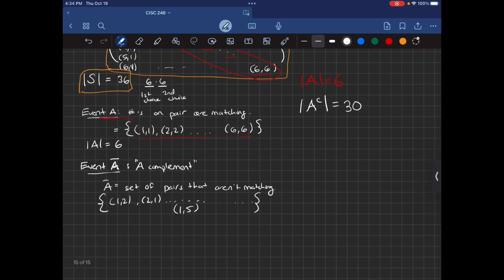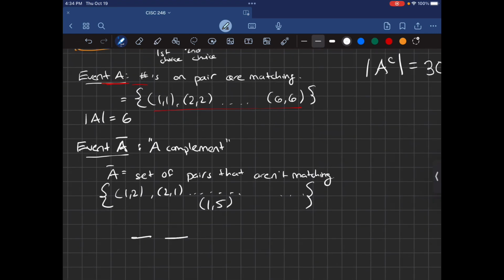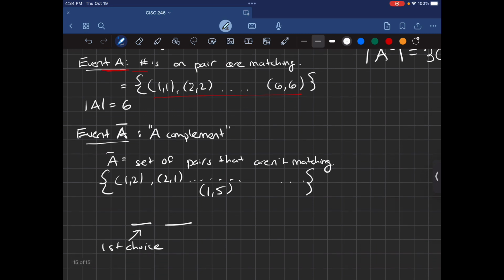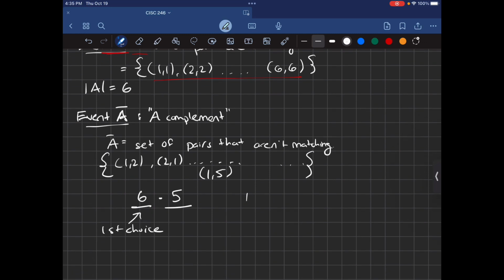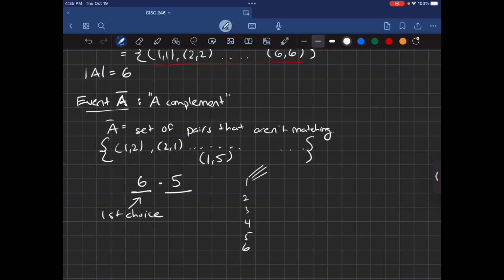What's another way of counting it? Another way of counting it is using the multiplication rule. So our first choice, we can choose from 6 of the dice as our first step choice. And then our second step choice would be that you could have 5 of them because they have to be different. You can think of this in terms of tree diagrams as well, right? We can have 1, 2, 3, 4, 5, 6 for our first die. If 1 was our first die, then we could only have 2, 3, 4, 5, and 6 for our second.